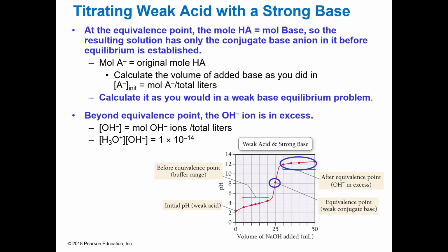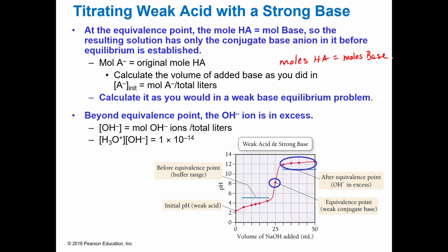So when we reach the equivalence point, what that means is that moles of acid equal moles of base. Okay, moles of acid equal moles of base. And so we have established an equilibrium. In order to figure out how many moles we have, we take the amount that we have divided by the liters.